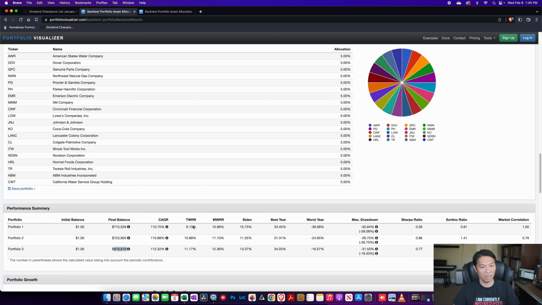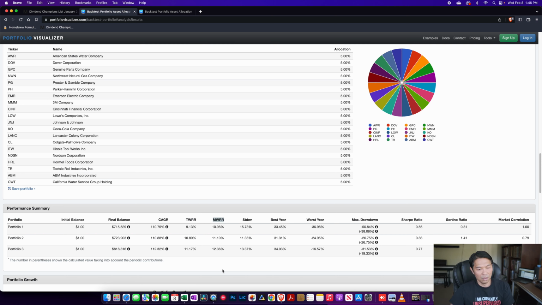And then you have these other rates of return. I haven't done this before where we contributed money to the backtest, so let me explain some of this. This first one is called the time-weighted rate of return, and the second one is the money-weighted rate of return. It's basically the annualized return either over time or based on the amount of money that you put in.